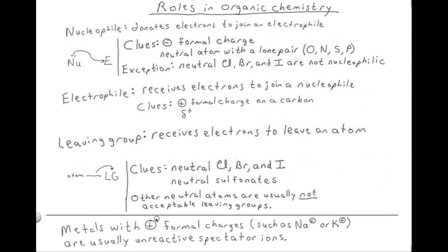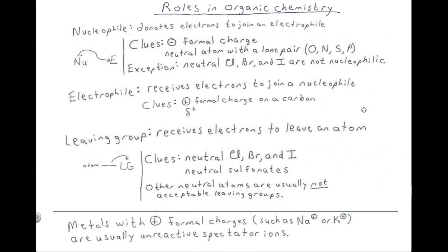Metals with positive formal charges, such as sodium plus, usually don't participate in the reaction. Obviously, there are other situations with a positive formal charge besides these two, but we don't need to discuss those at present. Later in this video series, we will see another type of role that an atom with a positive formal charge can play, but this is all that we need to discuss about positive formal charges for the time being.